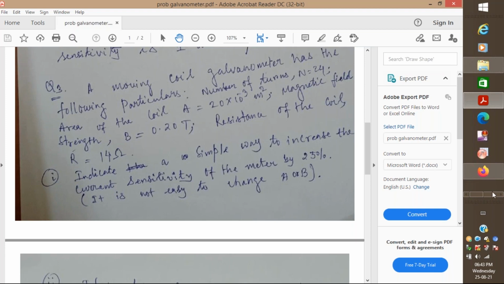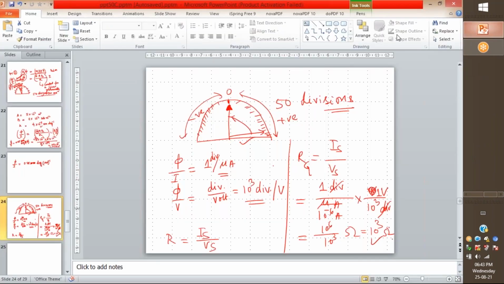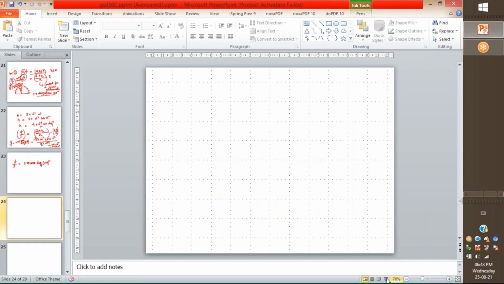So I'll just write down the parameters given over here. Suppose N is equal to 24. This is the number of turns in the coil.